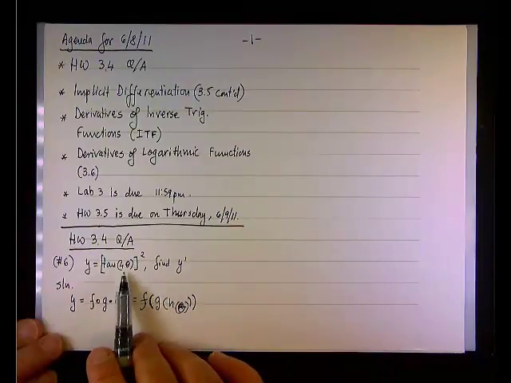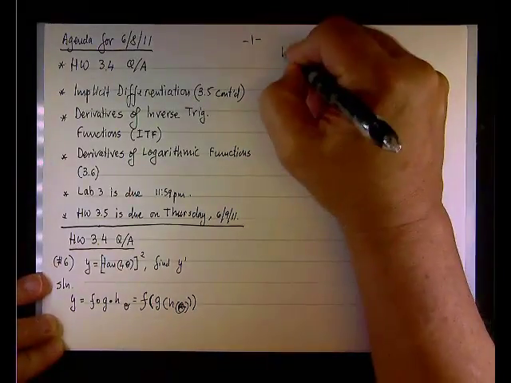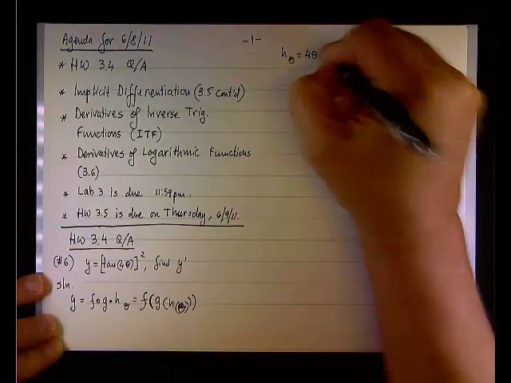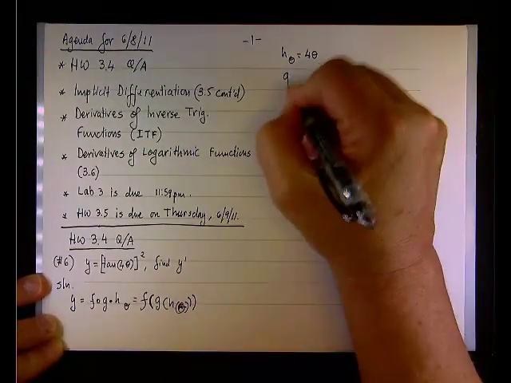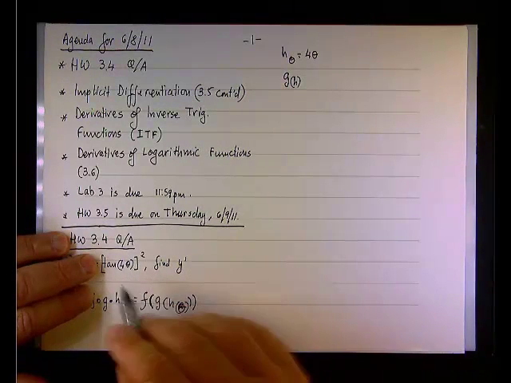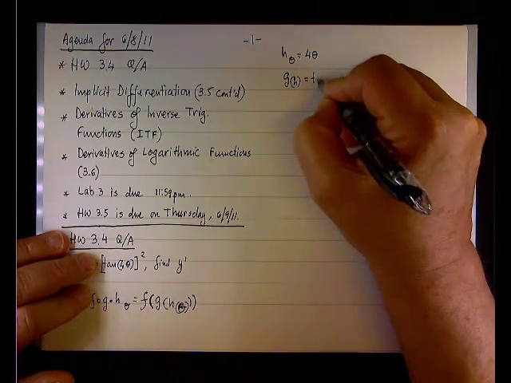Now, if we work from inside out, inside we have 4 theta, so h of theta will be 4 theta. The next one is g, so g of h will be tangent h.